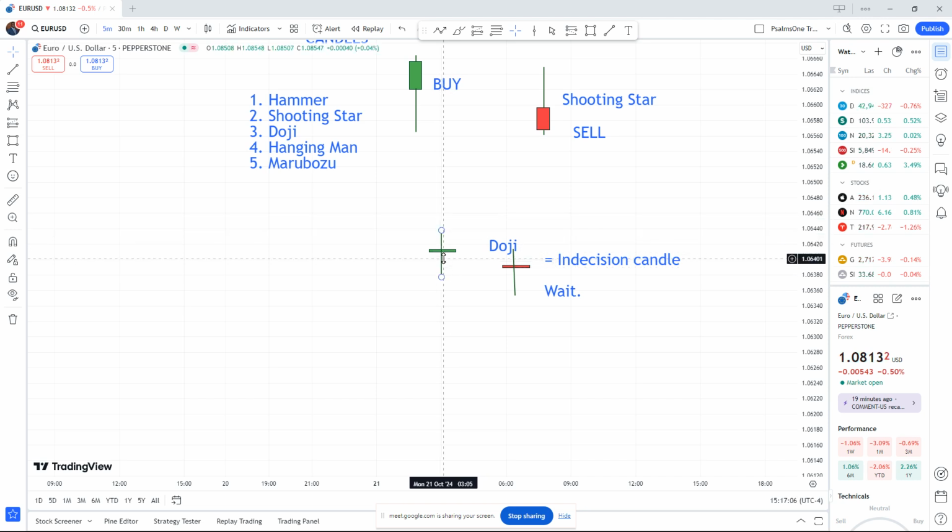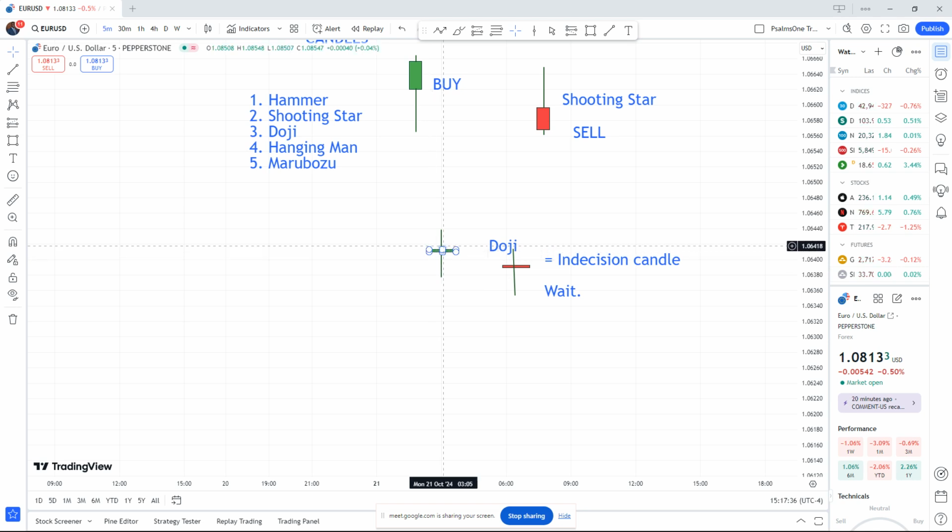Because if you still remember the opening, close, highs and lows, for a green candle the open always goes up, they close up, so their opening price will be below and their closing price will be above.